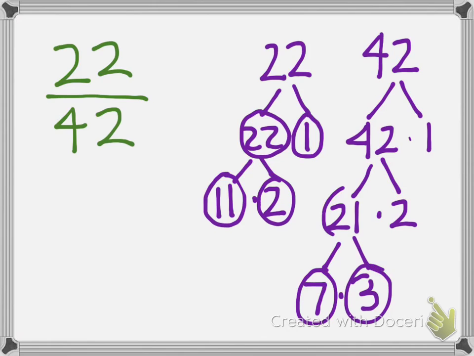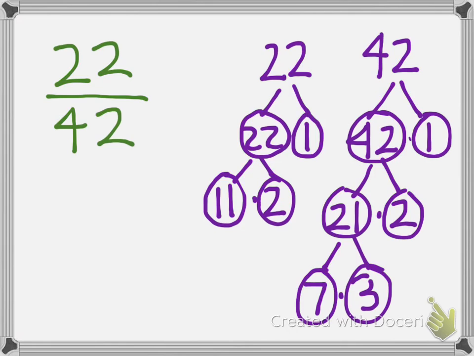7, 3, 21, 2, 42, 1. Those are all factors. Which one is the greatest common factor? You probably saw it right away. It was, in fact, 2. But that's not always the case. It's good to work this out just in case. You may be surprised. So, I need to divide both of these by 2, the greatest common factor.